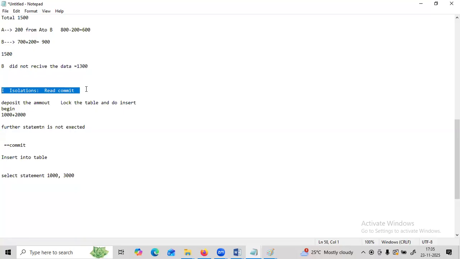Right now we have covered only half of the isolation level topic, because we have various isolation levels. So now we can go for the actual database architecture. Let me stop the recording and we can go to the database architecture for our further topic.